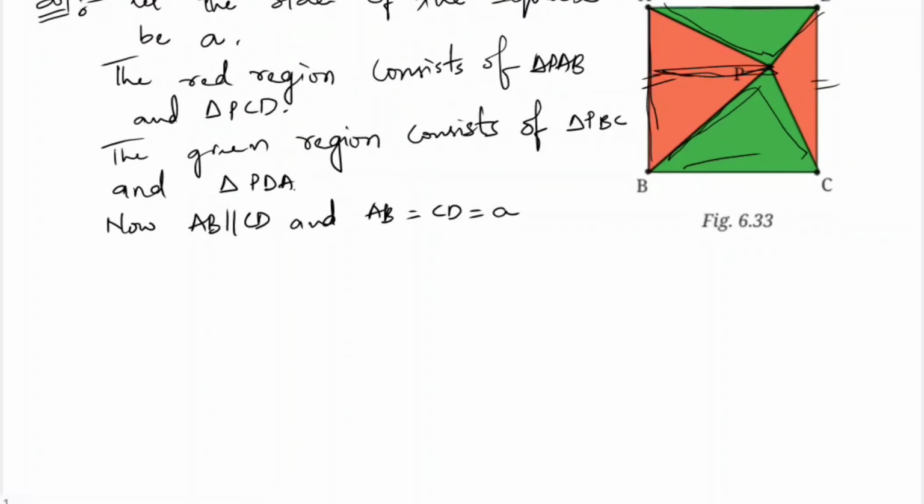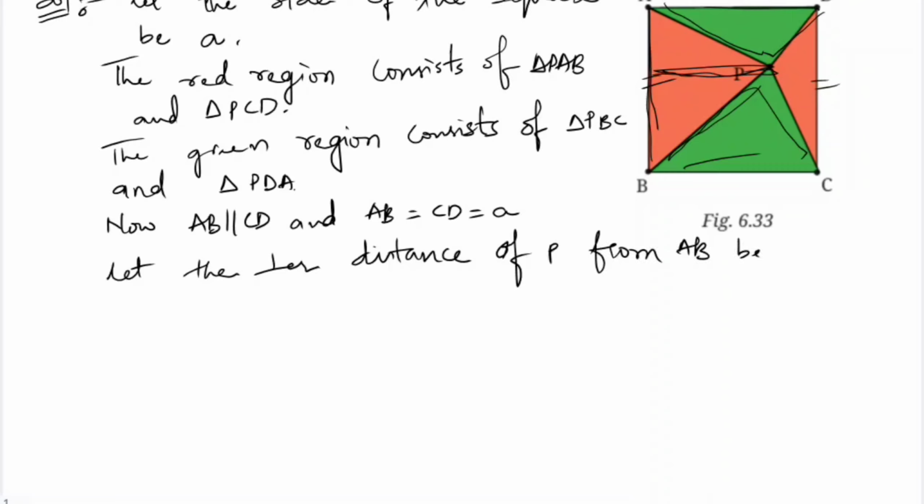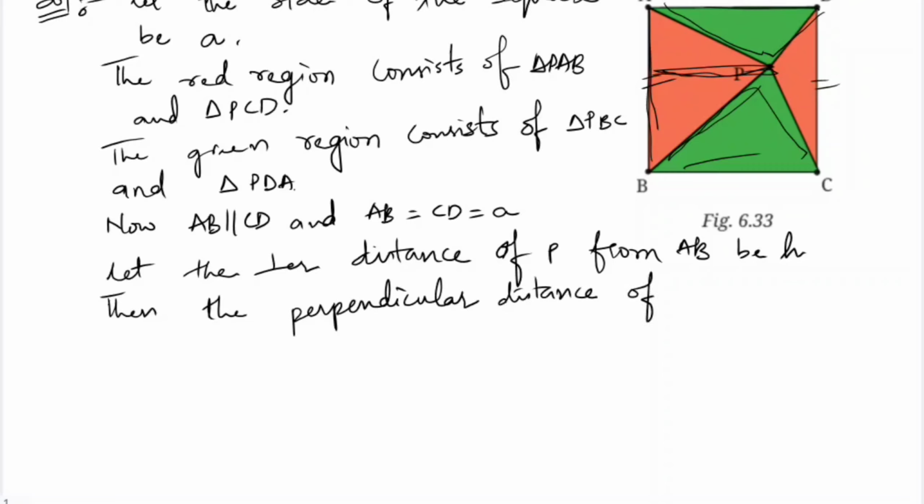Okay, so let the perpendicular distance of P from AB be h, and then the perpendicular distance of P from CD.